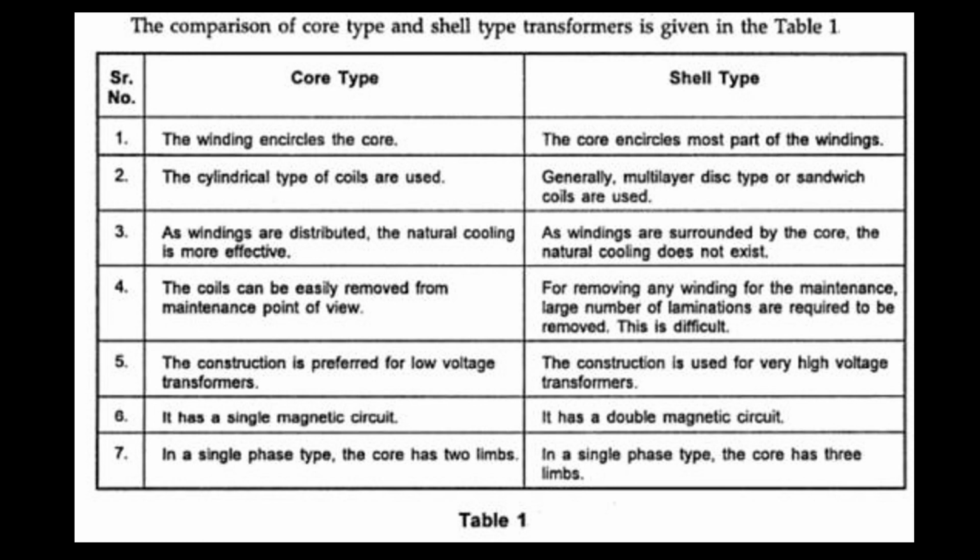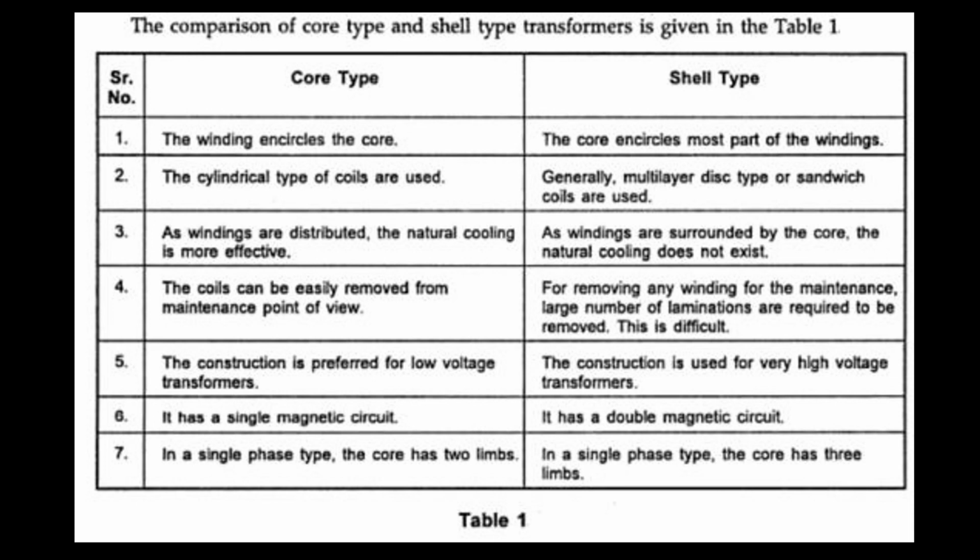As windings are distributed in case of core type transformer, the natural cooling is much more effective, and in case of shell type, as windings are surrounded by the core, natural cooling does not exist. So we need to have a special arrangement for cooling.